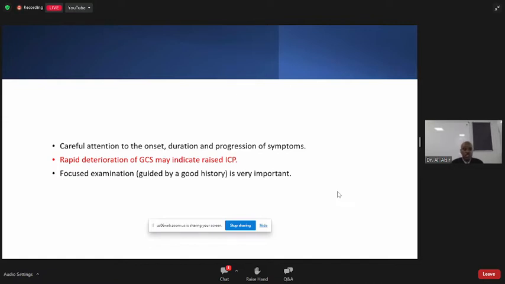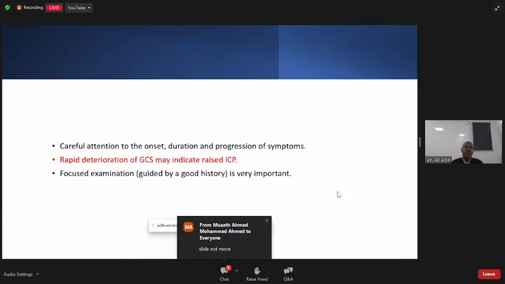Careful attention to the onset, duration, and progression of the symptoms is very important. Just as an example, if the patient presents with acute symptoms within less than 30 minutes, you have to think about specific etiologies, and the management will be different and directed.